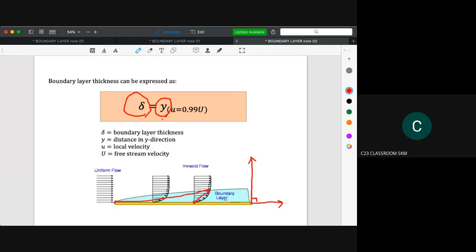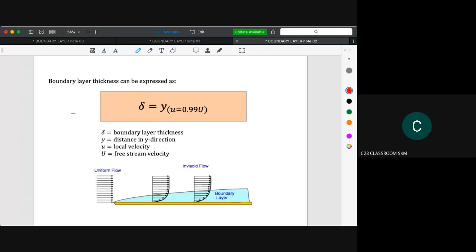You should measure according to the y-axis, from here to here. And then where do you stop? You start with u equal to 0 and you stop at u equal to 99% of capital U. The capital U here reflects the velocity of the uniform flow. So 0.99 means 99%.